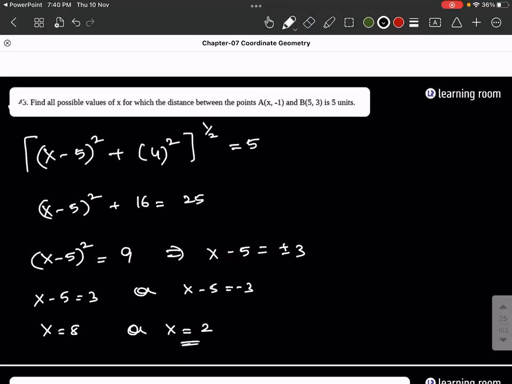So the possible values are 8 and 2. 8 or 2.